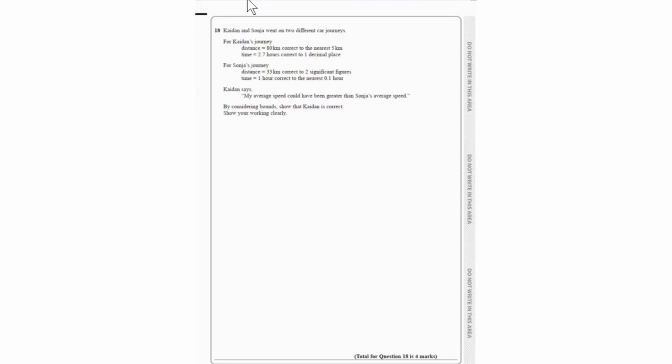Show your working clearly. So to show if Kaidan's journey is greater than Sonja's, we need to find the upper bound of Kaidan's speed and the lower bound of Sonja's speed. So for the upper bound of Kaidan's speed, speed is distance over time.